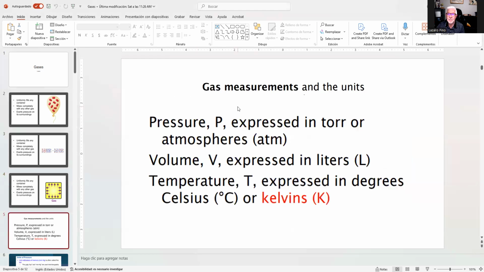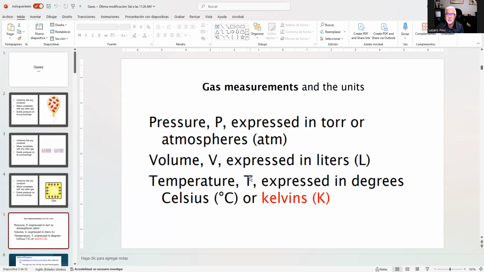Look at this. The gas measurements and the units. This is very important. Pressure. Well, the pressure is expressed in torr or atmosphere. The volume, V, is expressed in liters.